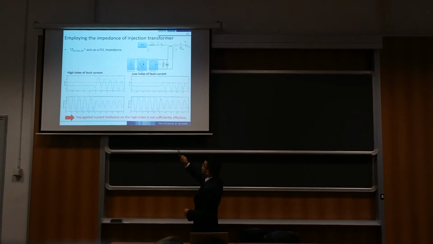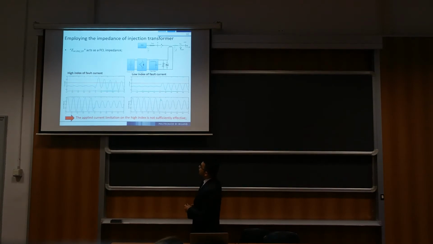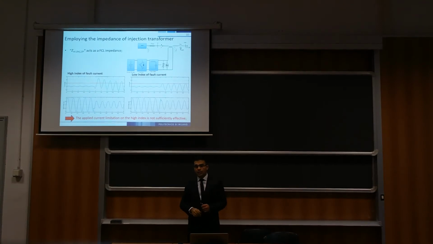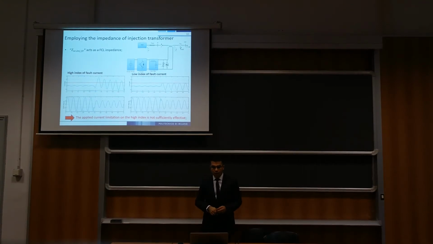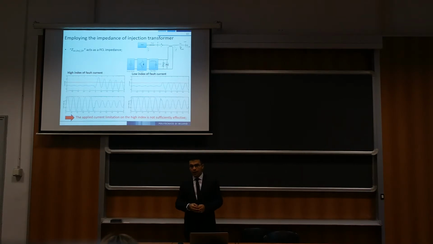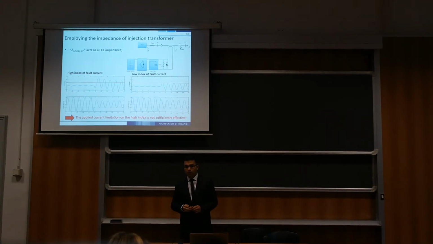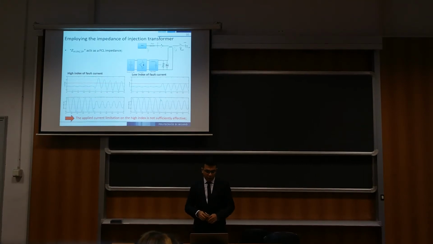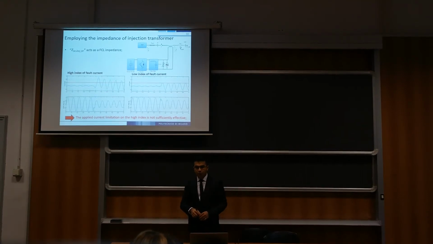You can see the simulation results for this strategy in the figures for high index and low index. The problem of this strategy is that for high index of fault current, the imposed fault current limiting is not sufficiently effective and the voltage of the M-bus drops below 50%.